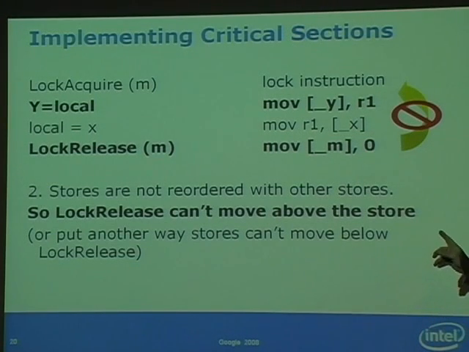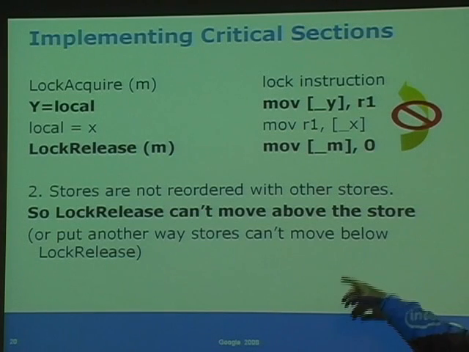Several Java systems, including our own, were actually using a simple move of 0 into that. So we have to prevent things from escaping out of the bottom. The other way to look at that is you can't let the release move up into the critical section.